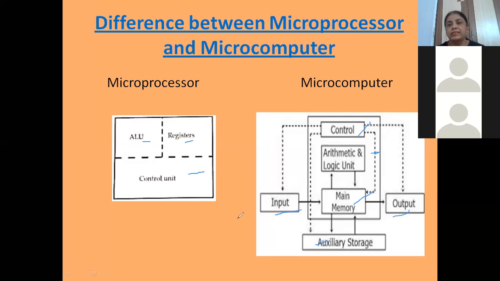Alone microprocessor cannot do anything. So this is your microcomputer, and microprocessor is a single chip, and microcomputer is your complete unit, full-fledged computer which you have input, output, and storage like hard disk and other storage devices. So understood the difference between microprocessor and microcomputer.